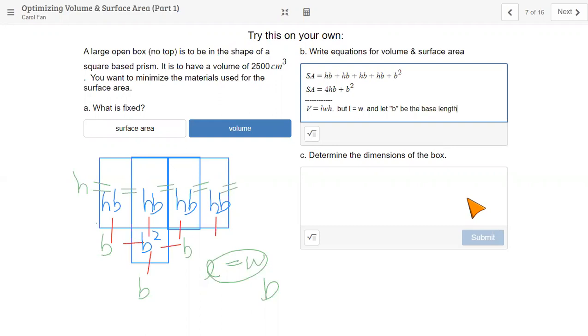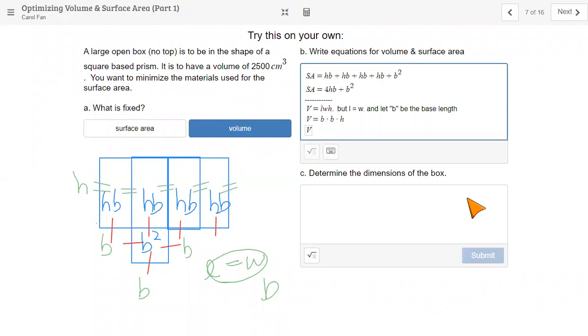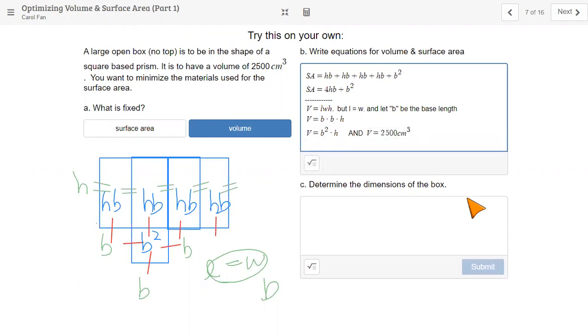So since we know it's a square, it's going to be B times B. So volume is equal to B times B times H. Simplified, I have volume is equal to B squared times H. Now I also know that the volume is 2,500 centimeters cubed.